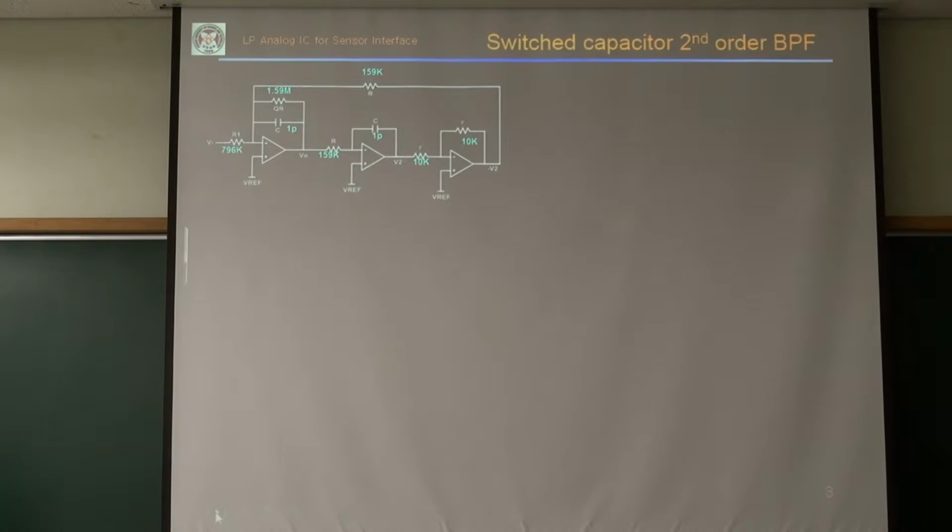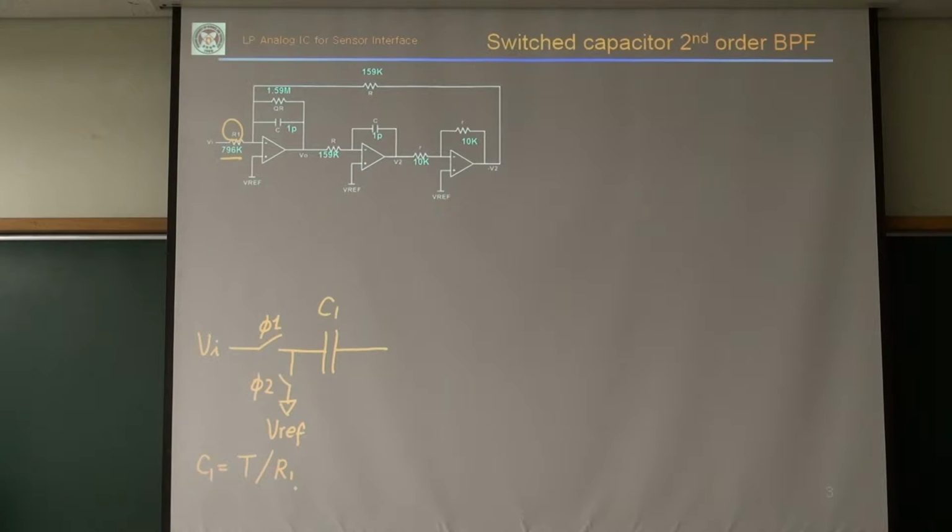Yeah, so let's try to convert the first one, this one. See, so let's just see. I have a Vi here, so I wanna convert R1 into a switched capacitor. Yeah, this C1 equal T over R1, right? This R1 is here.